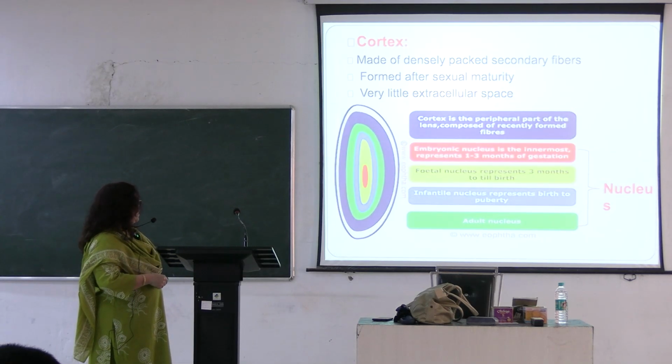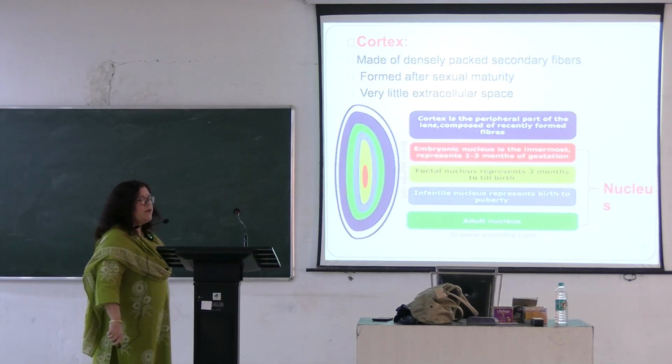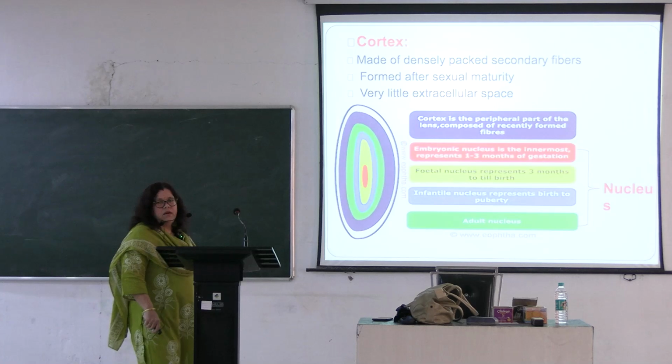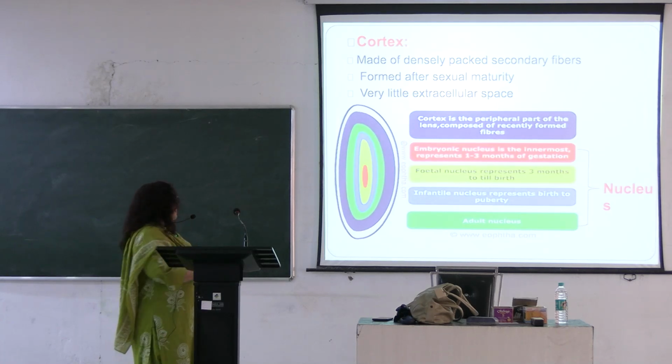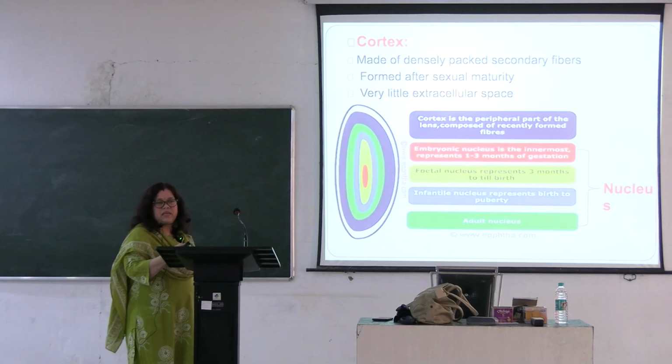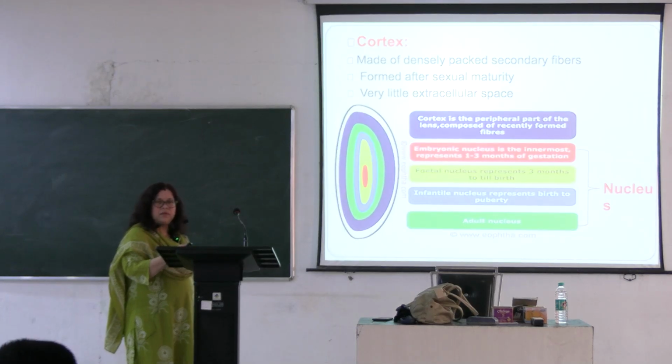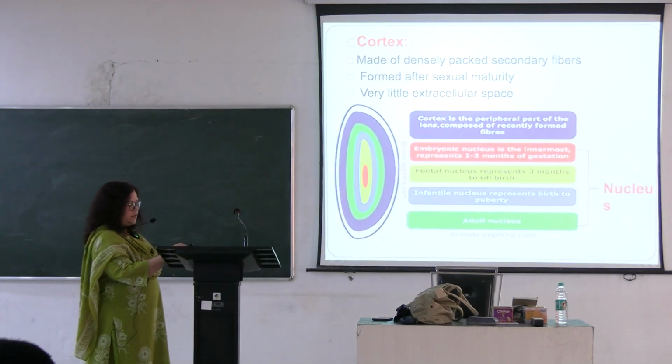So the center part is the nucleus, then embryonic fibers, then fetal nucleus, then infantile nucleus, and after that adult nucleus, and the cortex is the peripheral part of the recently formed lens fibers.